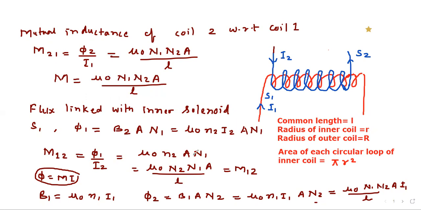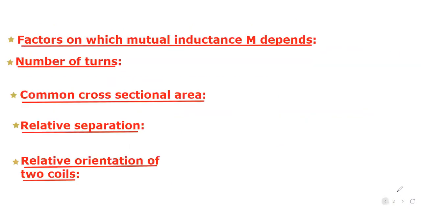Now we are going to see the factors on which mutual inductance depends. So let's see them one by one. As we have derived M equal to mu naught N1 N2 A divided by L.